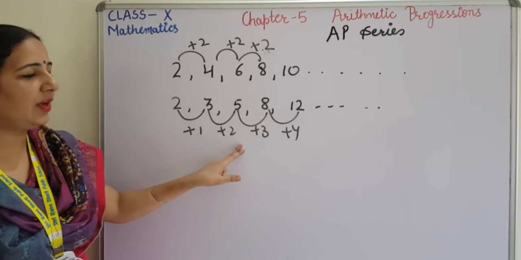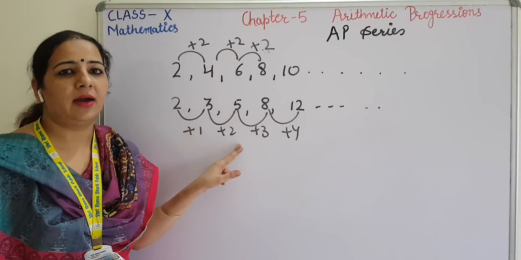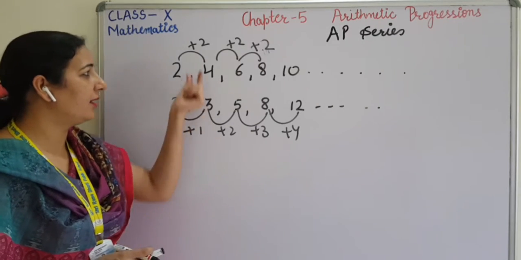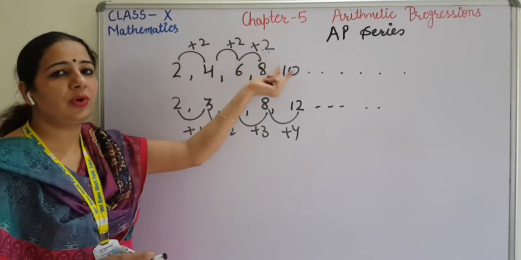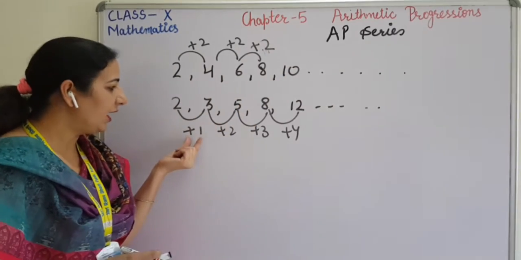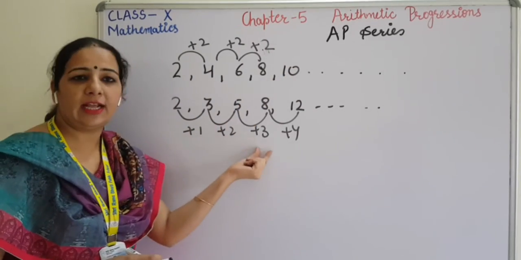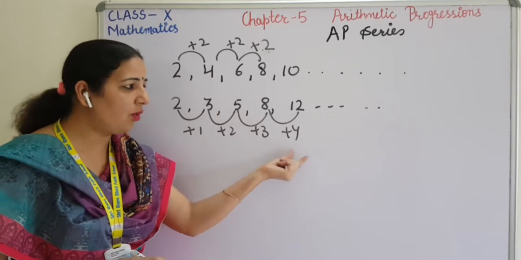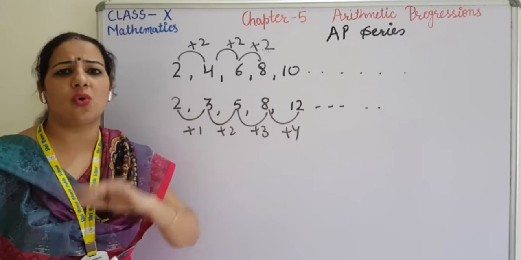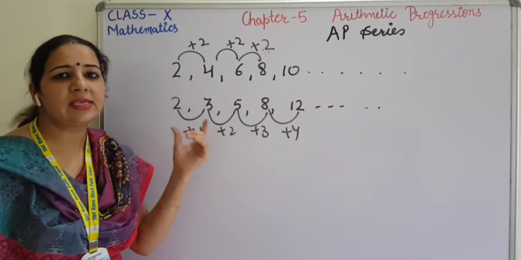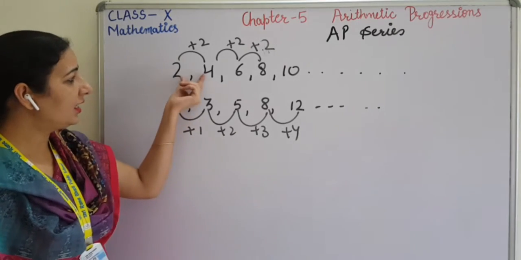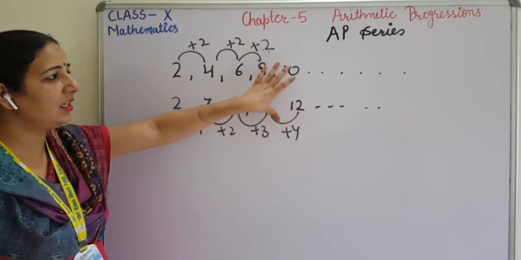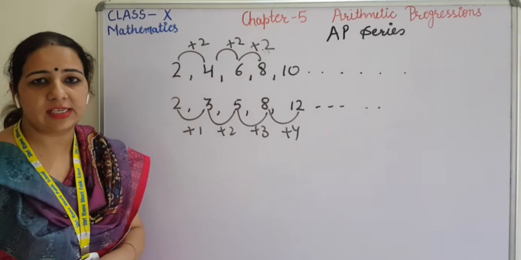In both series we have observed a fixed pattern. Addition of 2 in each and every term. Addition of 1, then 2, then 3, 4, then 5, then 6 and so on. So we have to follow this pattern. But we can't say what is the special name of these series.